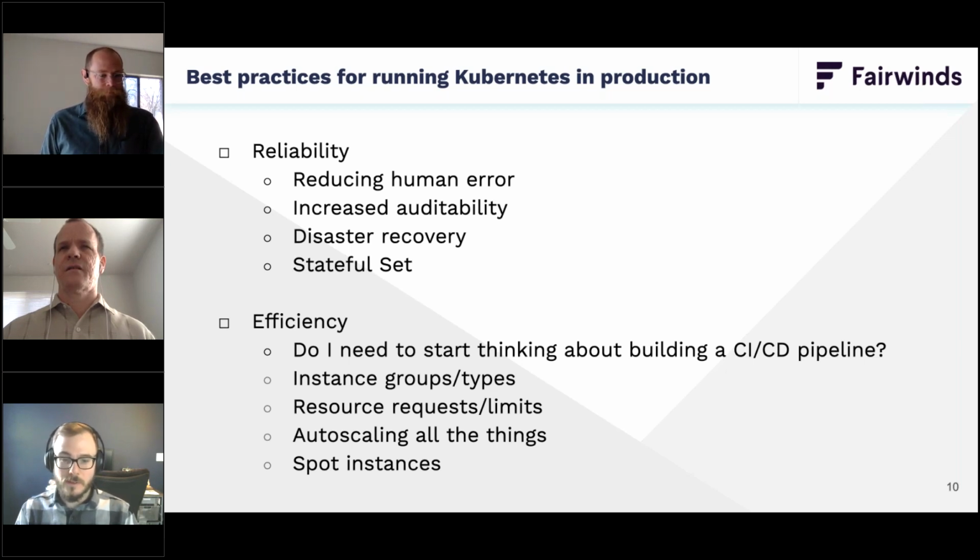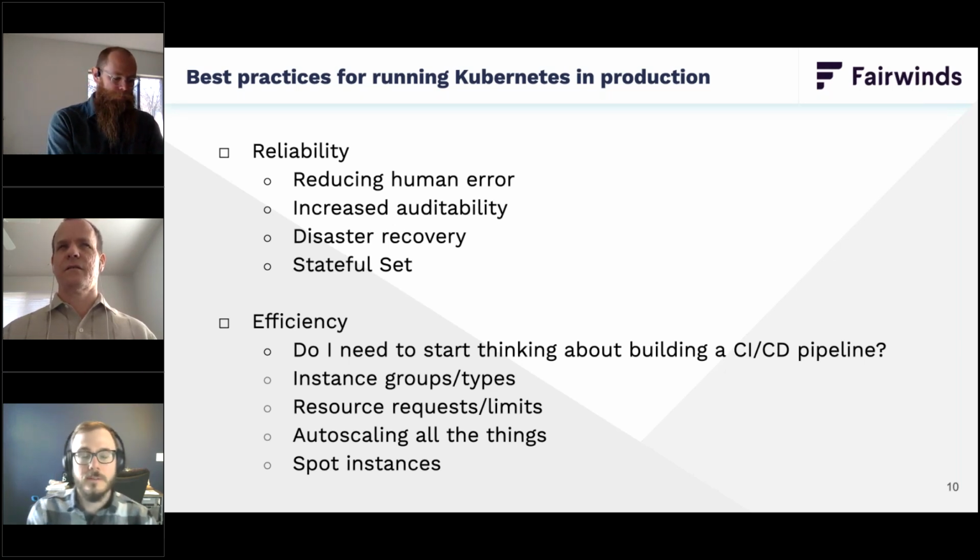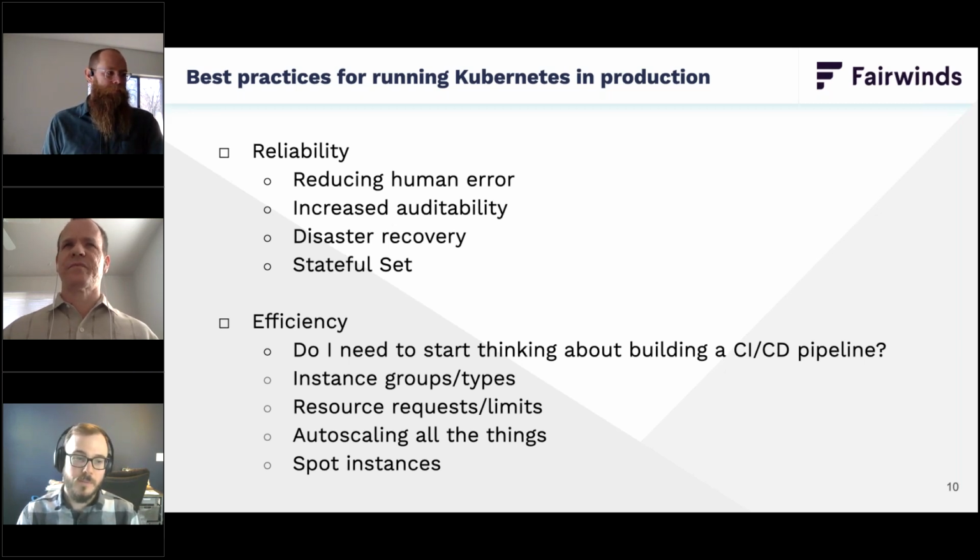A lot of folks are interested in this, especially if they're cost sensitive about their Kubernetes cluster. Spot instances throw an interesting wrench because they can be pulled out from under your cluster by the cloud provider when the price goes up or down based on what you said you want.